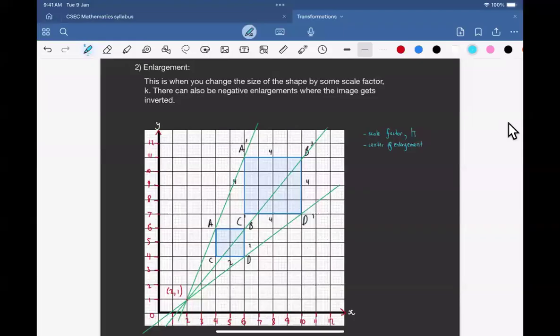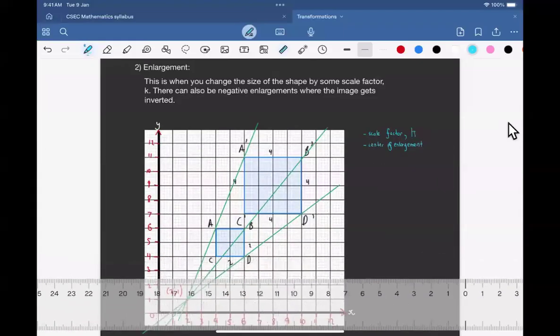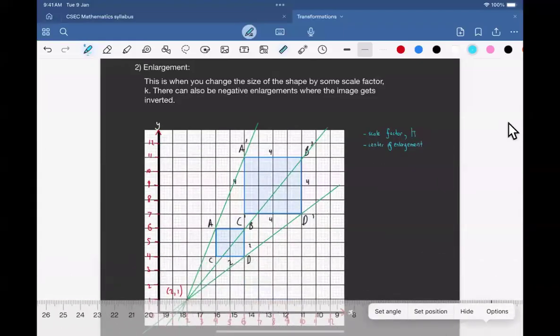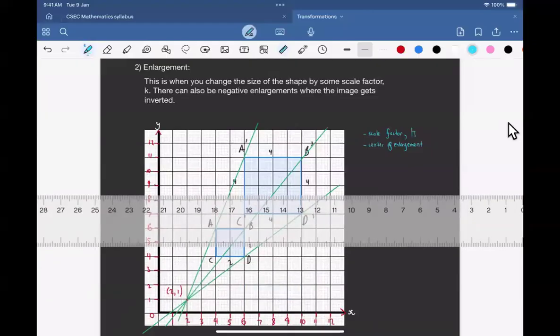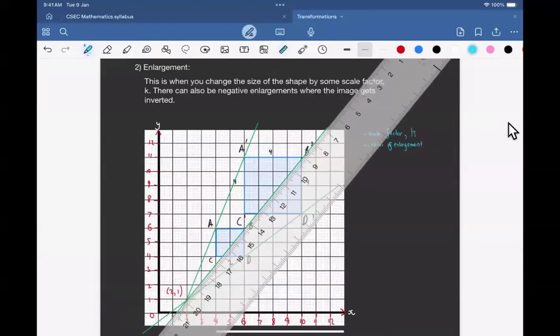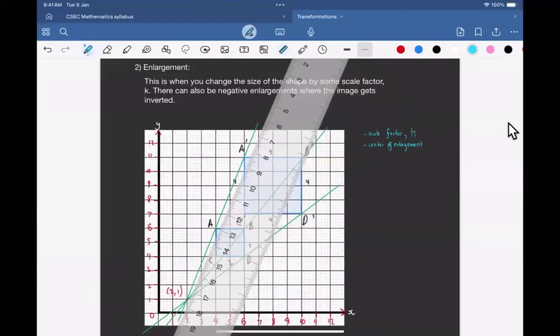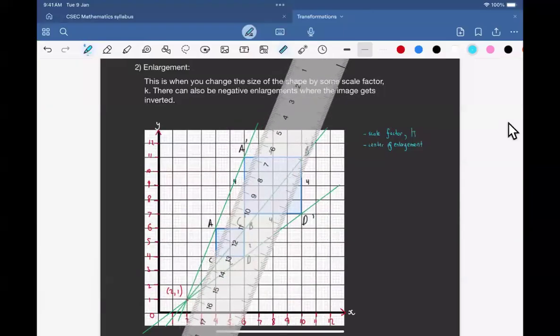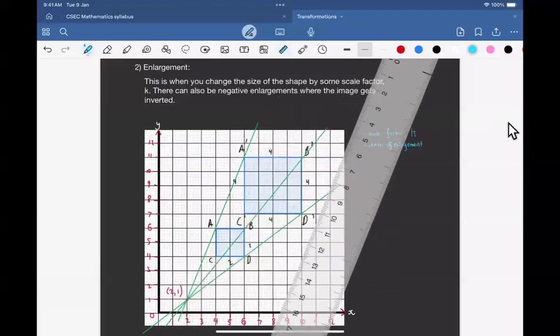Let me explain this concept again. So you understand how to find the scale factor. That's real easy, right? The center of enlargement, though, to figure that out, you align two corresponding points. You see how this is A and that is A prime?